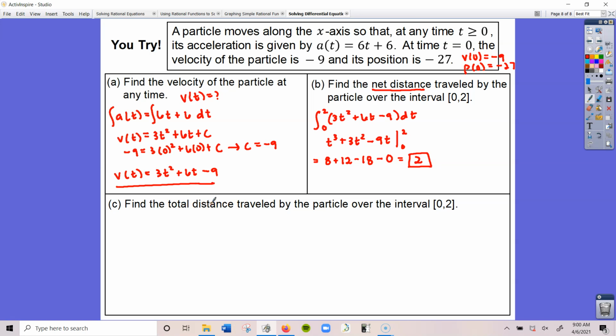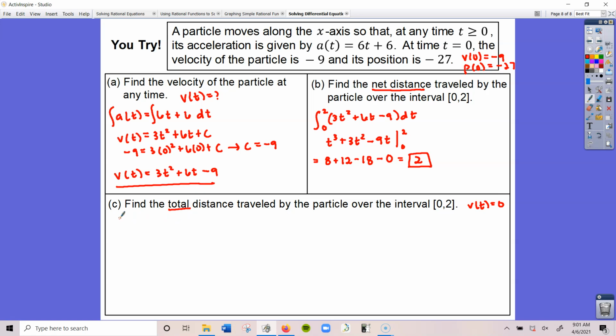Now it says to find the total distance traveled by the particle over the interval 0 to 2. So in order to find the total distance, we must first check if the particle changes direction. So we need to figure out when v of t is equal to 0 and see if it changes direction, meaning if it changes from positive to negative or negative to positive.